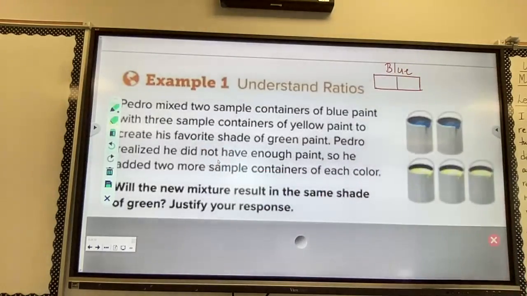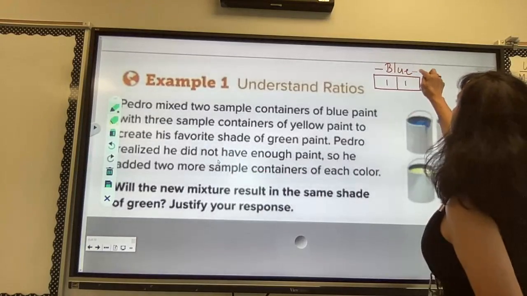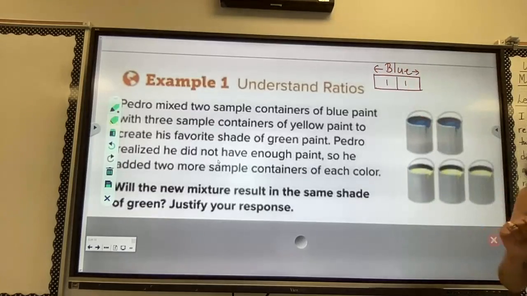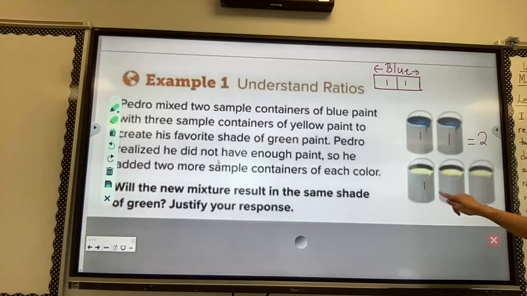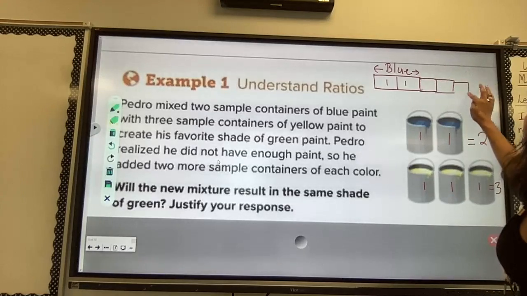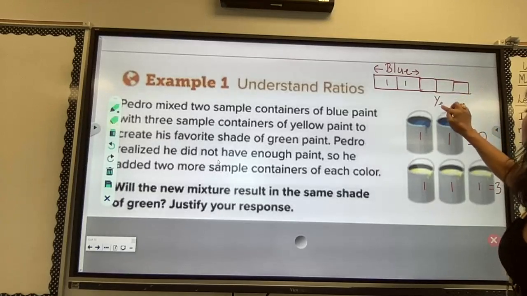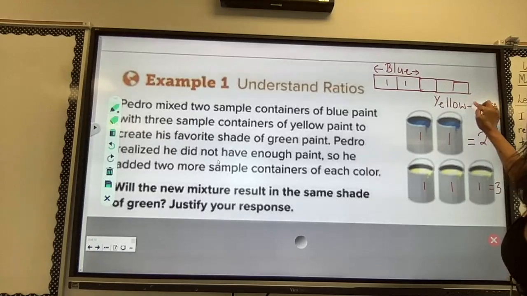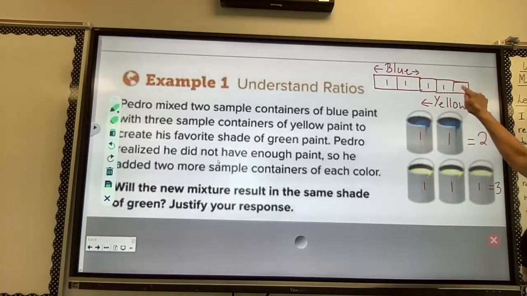This is 1 plus 1, so my total is 2 parts, right? And then I have 1, 2, 3, which is going to be 3 parts of yellow.